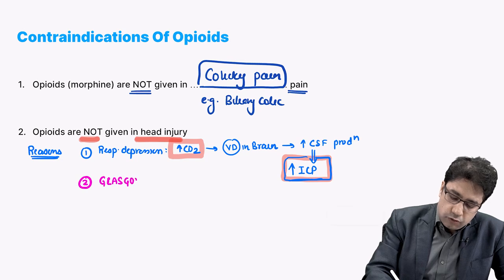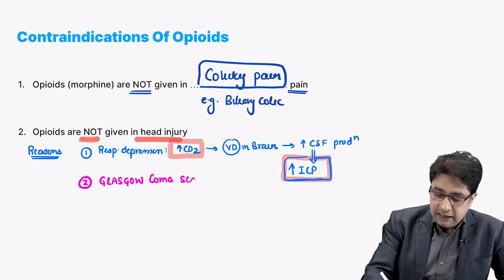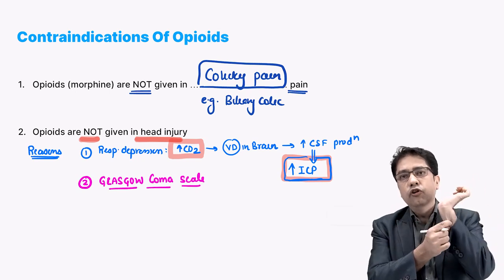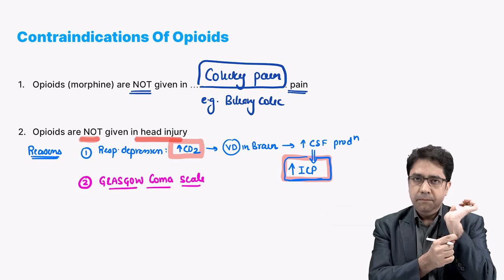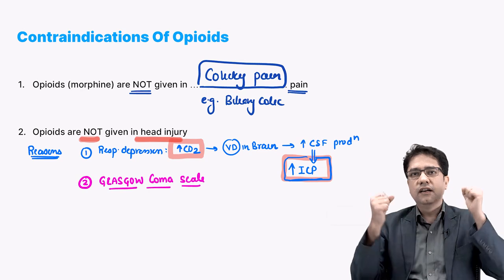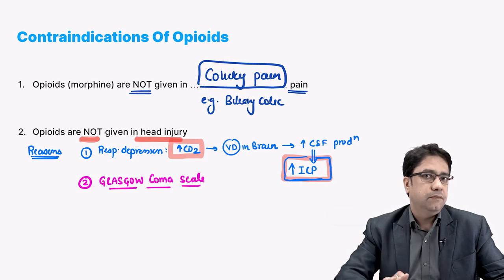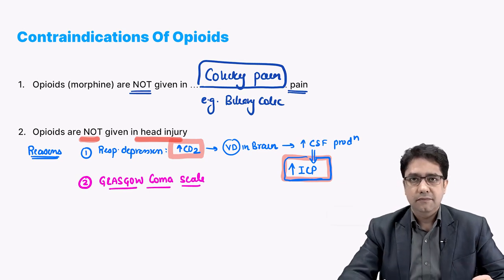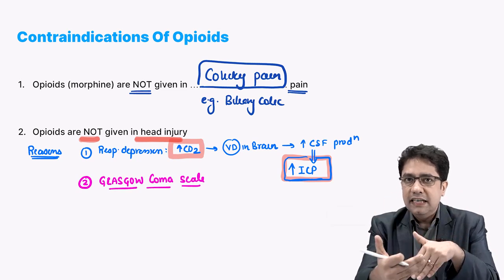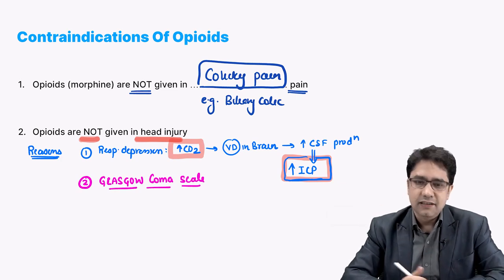In the Glasgow Coma Scale, one of the components is that we give a painful stimulus to our patient of head injury and we see his or her response, whether the patient will withdraw or not withdraw. Now imagine, opioids are painkillers. If you give a painful stimulus, can you assess the response of the patient in the Glasgow Coma Scale? The answer is no.